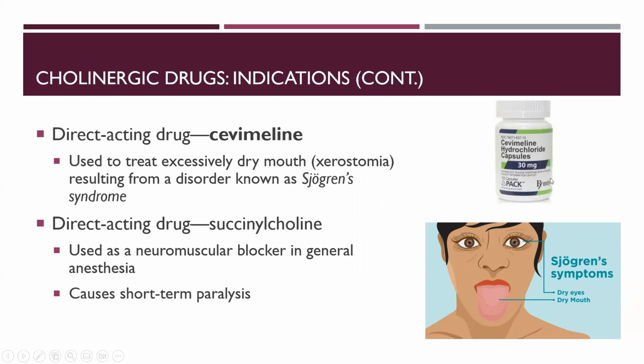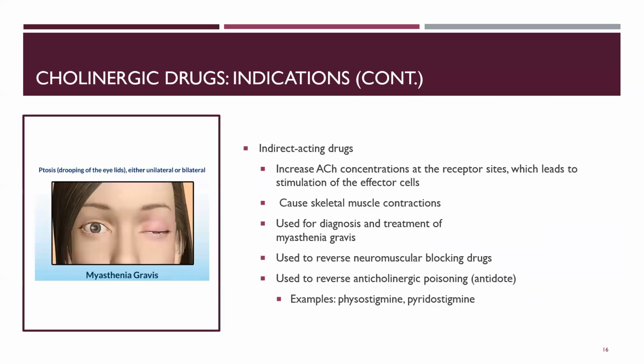So it makes sense why I would give them this medication to cause them to have more saliva, correct? And then the other one is this paralytic that we can also use, and it's used as a neuromuscular blocker and in general anesthesia.